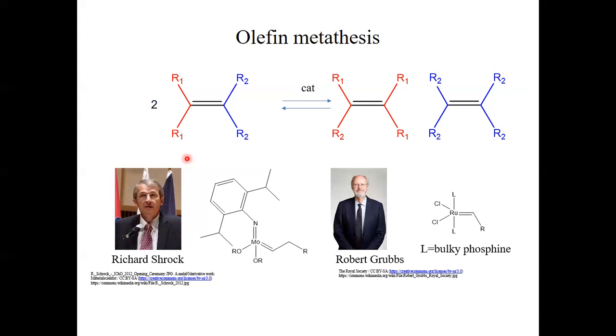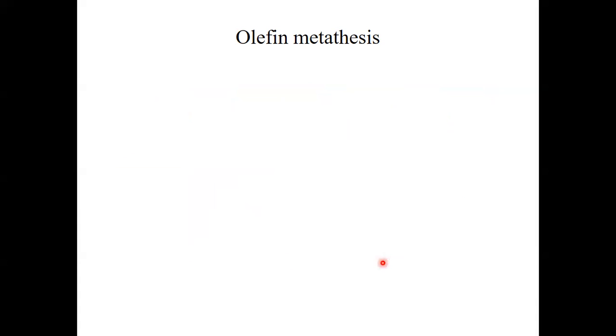So these ones are more reactive here, but they're also more difficult to handle. So they're very sensitive and touchy. So the Grubbs catalysts are less touchy, but also not that active. Both types of catalysts have found applications, and both Richard Schrock and Robert Grubbs have received the Nobel Prize for these catalysts in 2005, I believe.